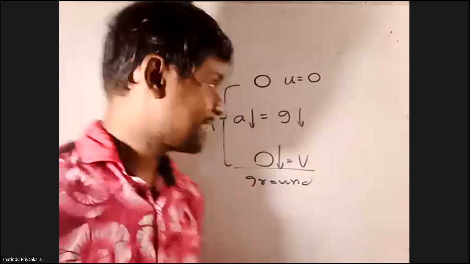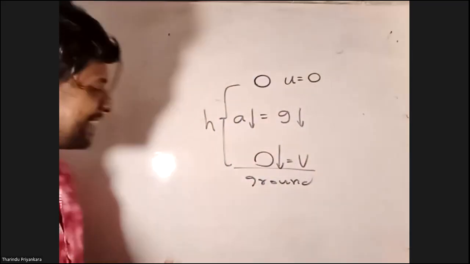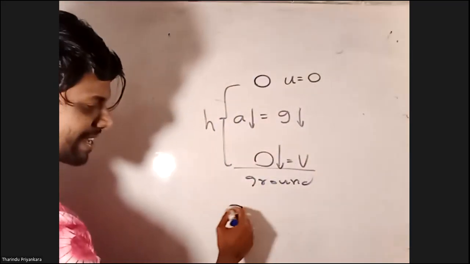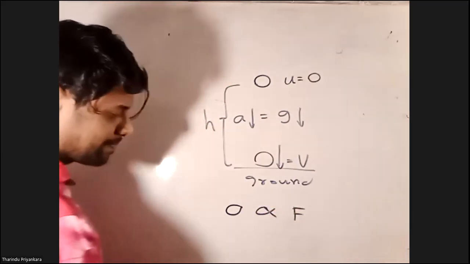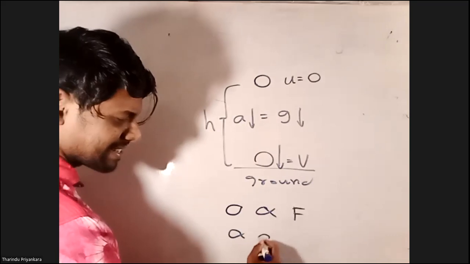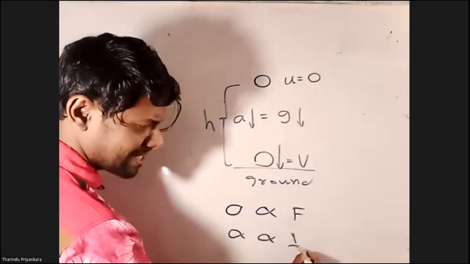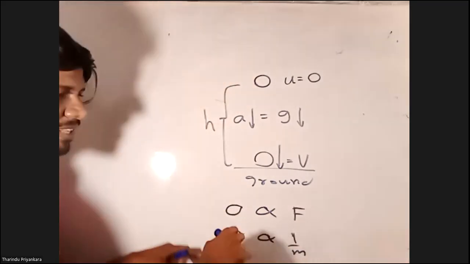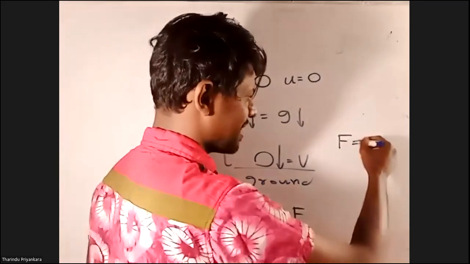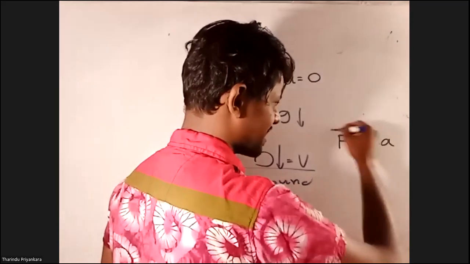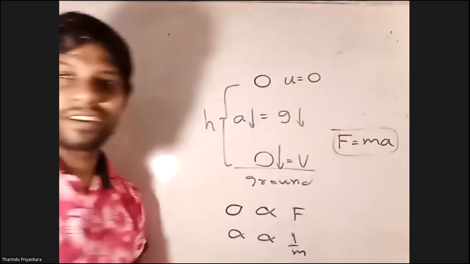In that O level definition, it says the acceleration is directly proportional to the force, and the acceleration is inversely proportional to mass. Putting them together, you have an equation, F equals ma.